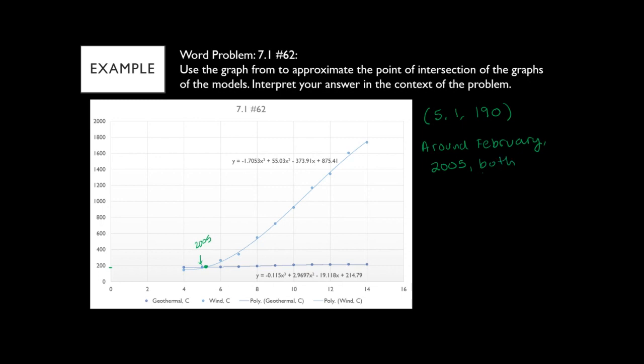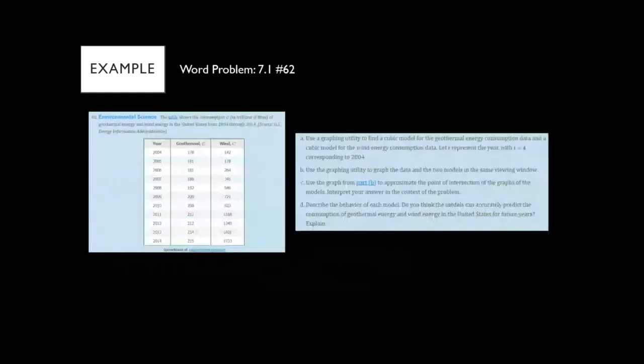Both, because it's an intersection, so this applies to both the geothermal and wind. Both geothermal and wind. And now I'm going to go back to what it tells us about the table.